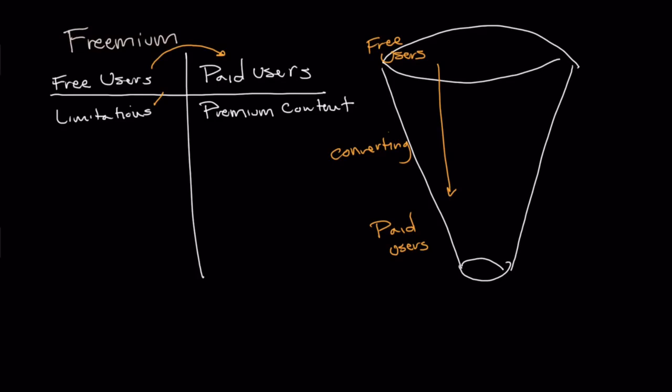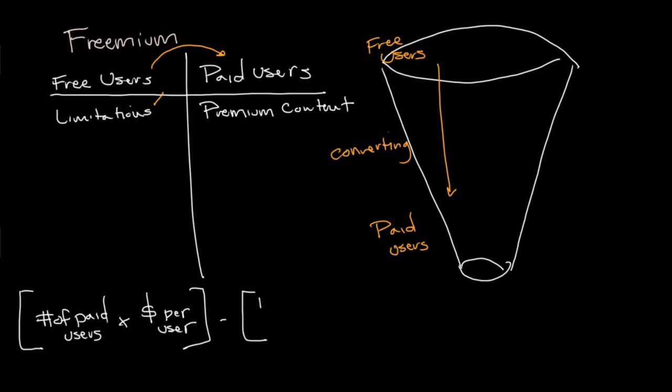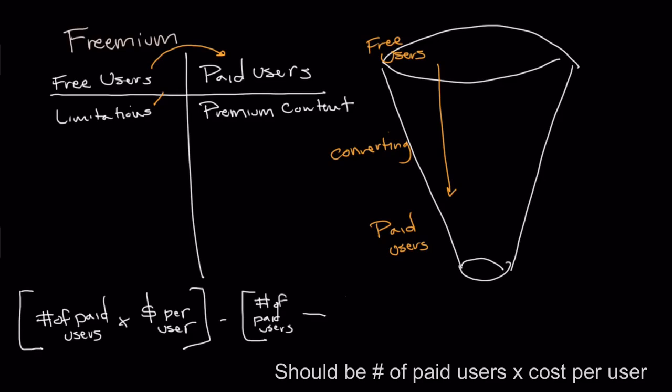Our revenue from paid users is tied to the number of paid users multiplied by the revenue per user. So that's our revenue piece. But in order to determine profitability, we also have to subtract the number of paid users times the cost per user.